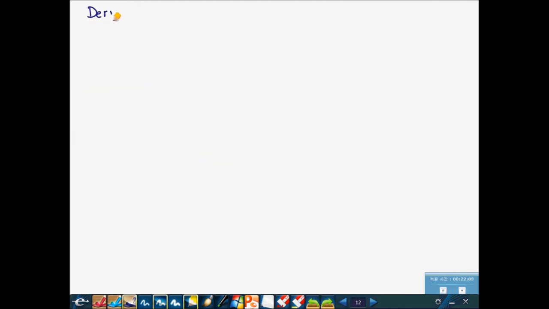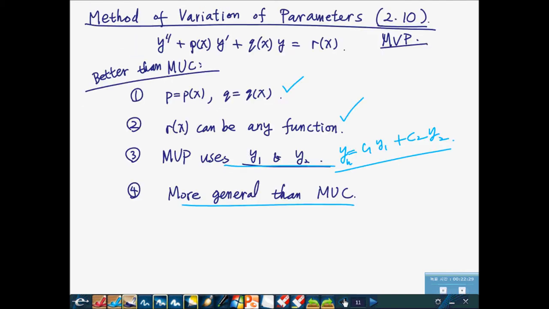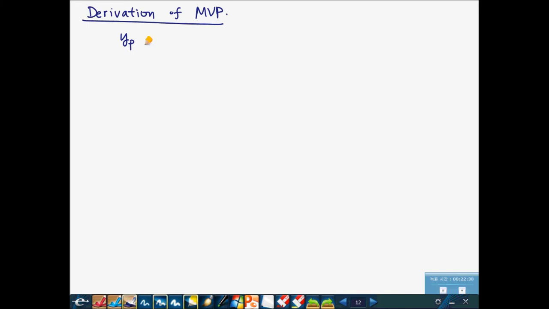Okay. You don't have to worry about memorizing all the formulas. It's just one simple principle, okay? So YP, I told you, MVP uses Y1 and Y2. Okay, how? Like this.